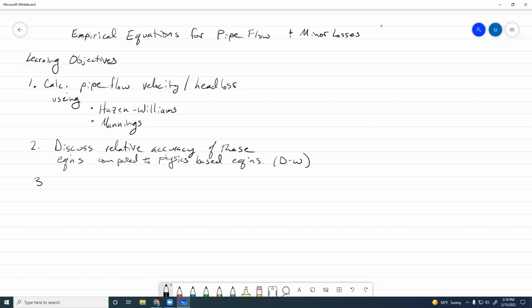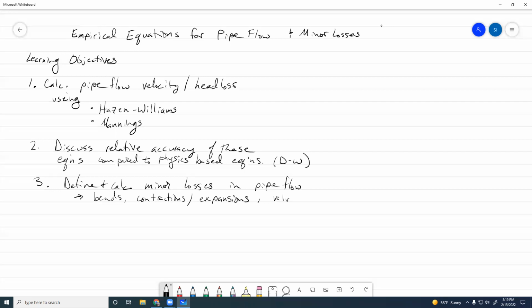And then finally, we will define and calculate minor losses in pipe flow. These are energy losses that occur due to, for example, bends, contractions or expansions, and valves.